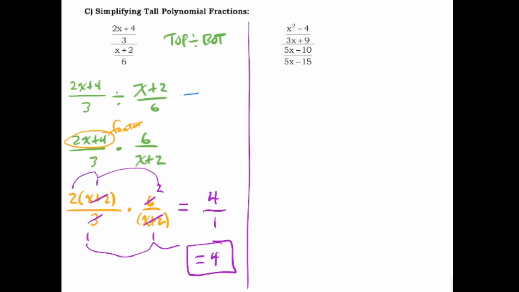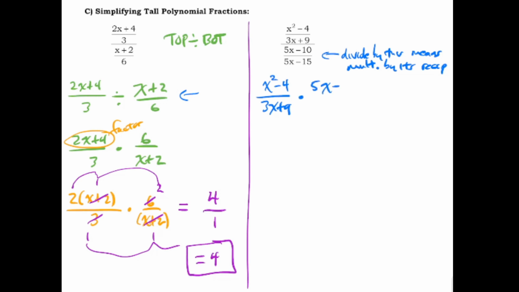Allow me to skip this step and say what's on top, divide by this, right? But we know that that means multiply by its reciprocal. So why don't we just cut to the chase and flip it over right now. That's not a bad shortcut, right?